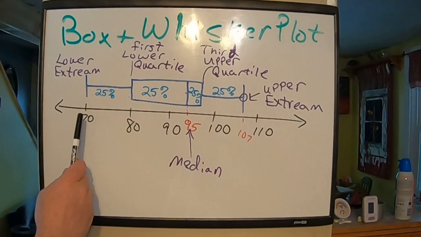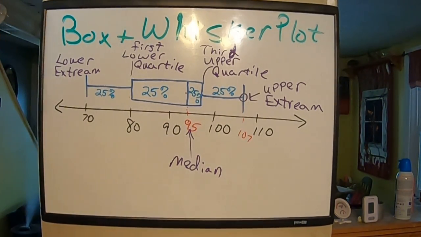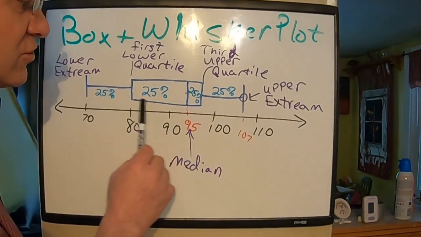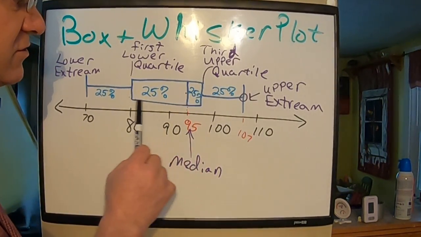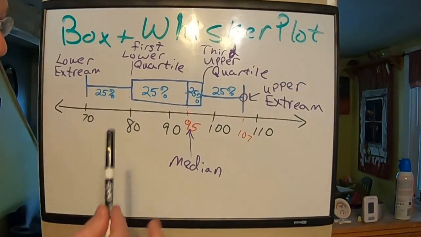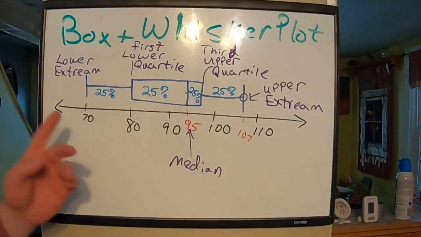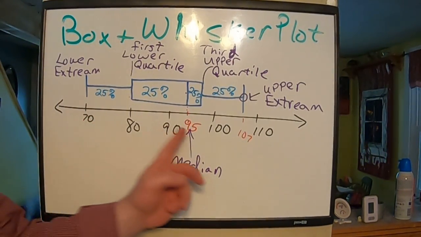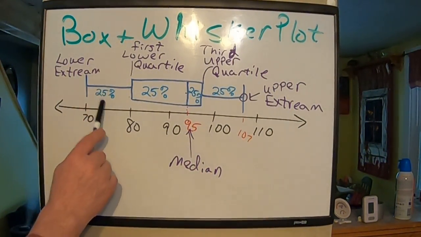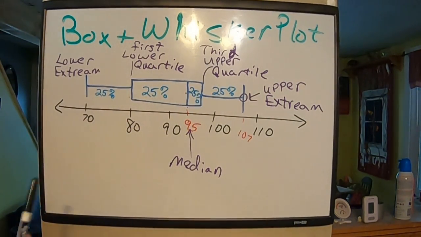So if I were to ask you what percent of the data is between 70 and 90, you would not actually be able to give a clear answer to that. You could say it's over 25%, but you're not exactly sure how much of the data is between here and here. You do know if I said how much of the data is between 70 and 95, you could say, oh, 2 25s, so that's 50% of the data.